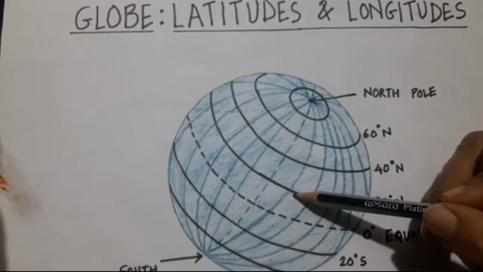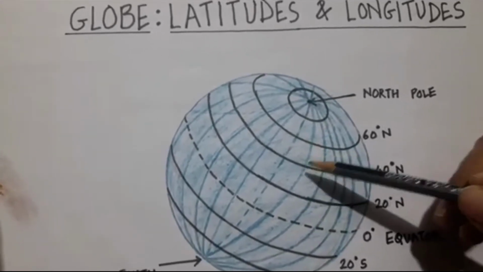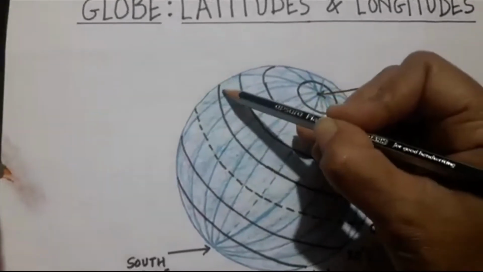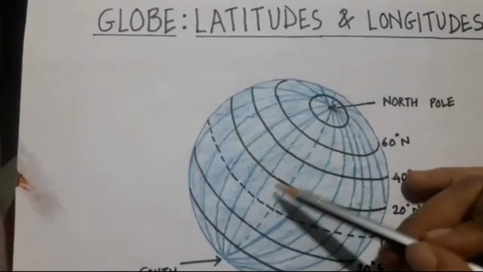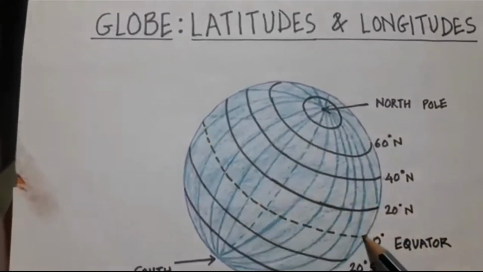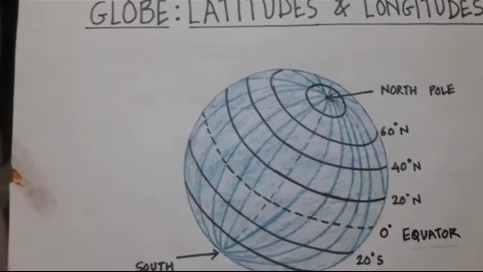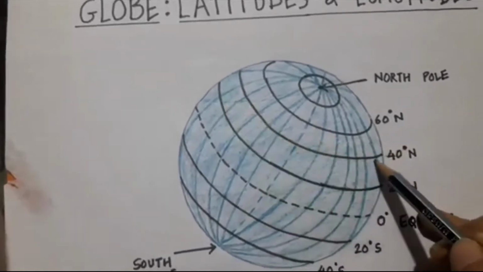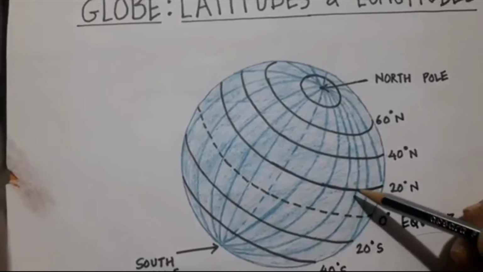Now the important features of latitudes. Now latitudes are imaginary lines that run from east to west and are parallel to the equator. Now this latitude at 0 degrees is called the equator. All these lines that you see above and below the equator are parallel.